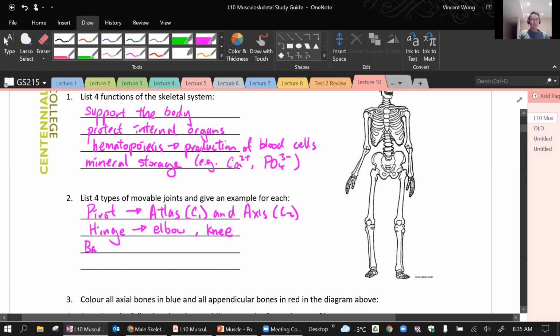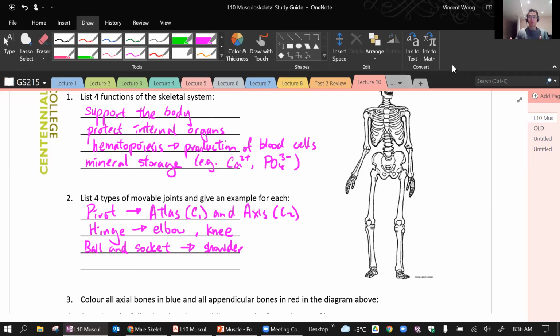Another one is ball and socket. This is the most movable one, the one that offers the highest range of motion. And with more motion, it's also more likely to get damaged, right? So we hear people have a dislocated shoulder or something like that, right? So ball and socket is going to be at the shoulder, right? So the head of the humerus, which is this part right here, is going to fit into the glenoid process of your scapula, right?